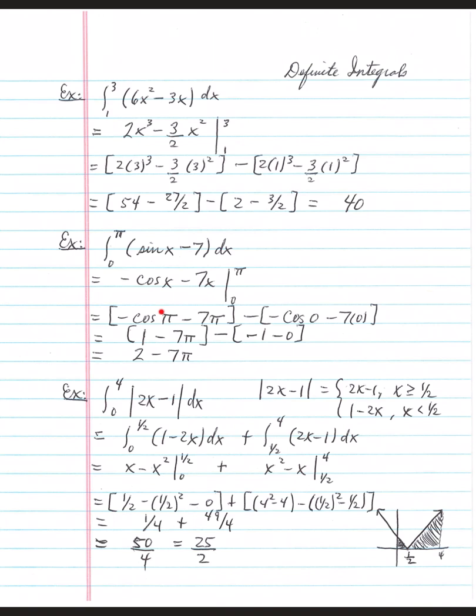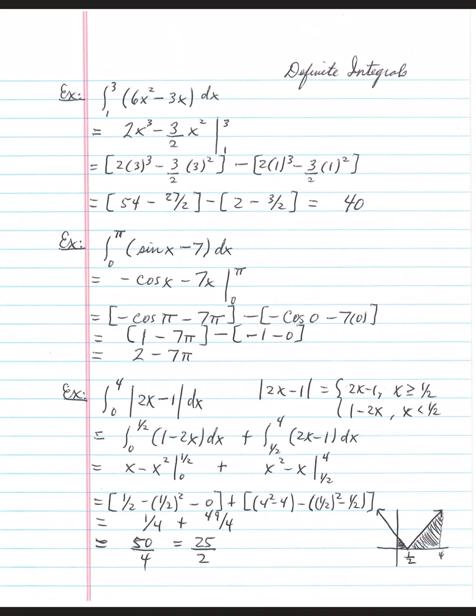Cosine of pi is negative 1, so negative of that is a positive 1, minus 7 pi, minus cosine of 0 is 1, so negative 1, minus 0. Subtracting negative 1 is the same as adding 1. 1 plus 1 is 2, minus 7 pi. If you're asked to approximate, you would type this into your calculator and approximate to the appropriate number as asked in your homework problems.